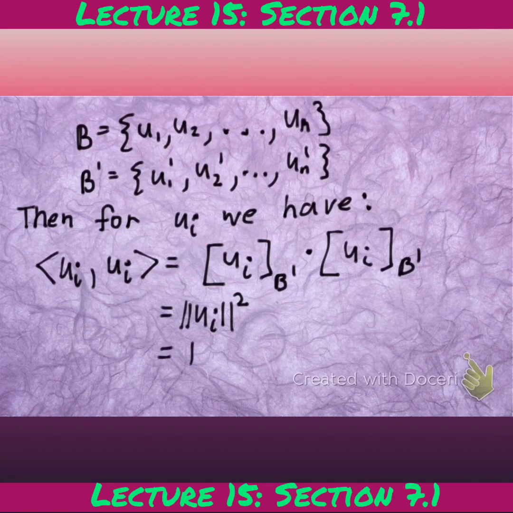If we dot these two column vectors, it should give us 1, because this is an orthonormal basis. So therefore its norm is equal to 1.